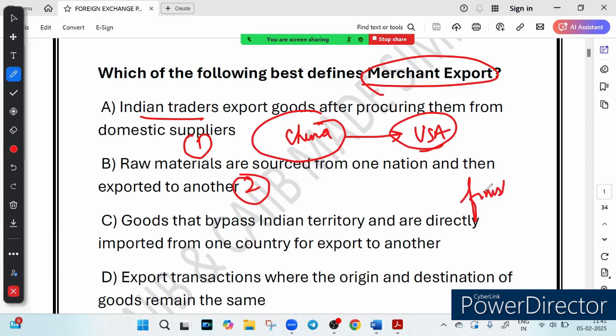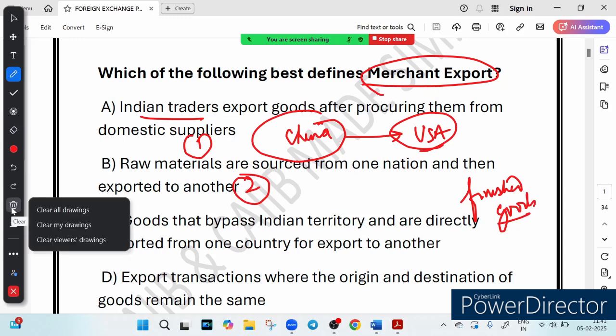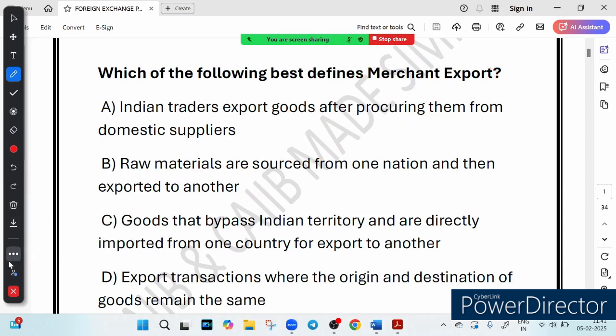Always remember, merchant export always deals in finished goods. That is why option C is the correct answer.